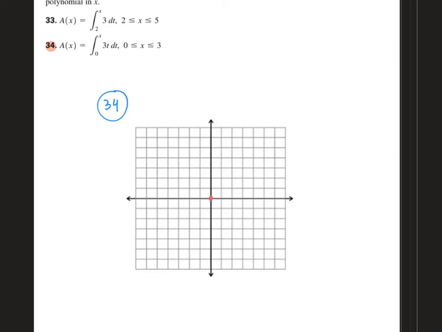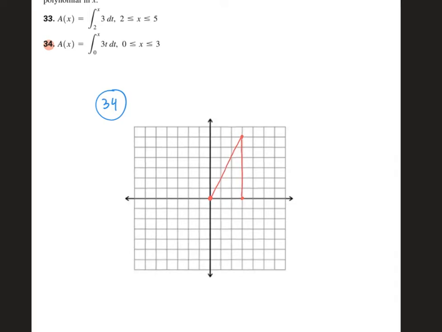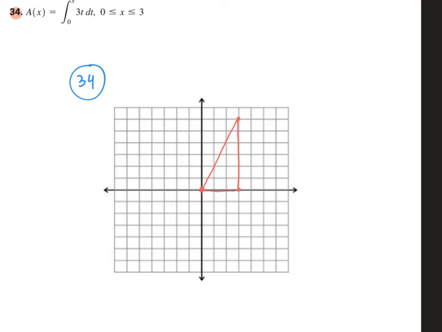If you plug 0 into 3t, you get 0, so that's a point. And then we're going to x equals 3, that's the farthest we go. Okay, so we have this triangle.